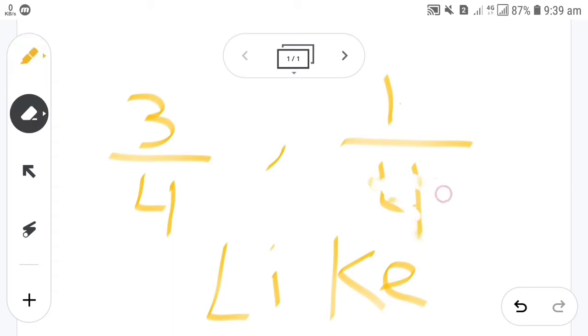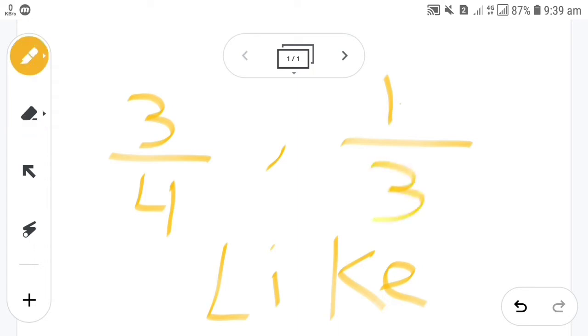So if we have 3 by 4 one fraction and other is 1 over 3, these fractions will be unlike fractions. So after studying about these types, we learn how to add and subtract and divide, multiply these fractions.